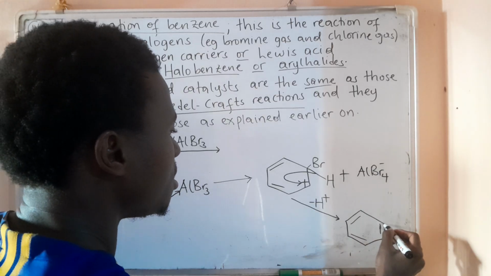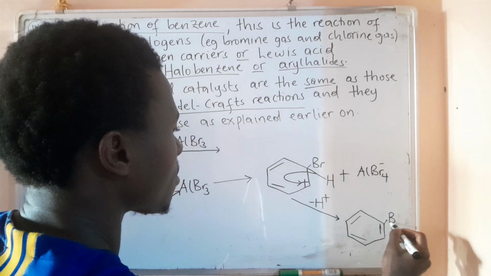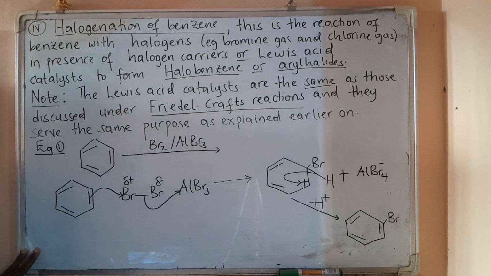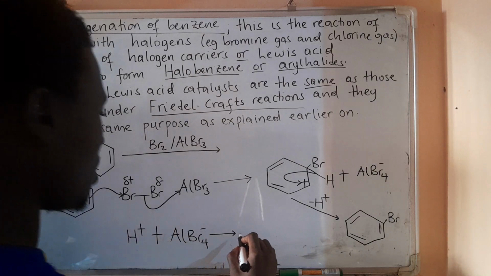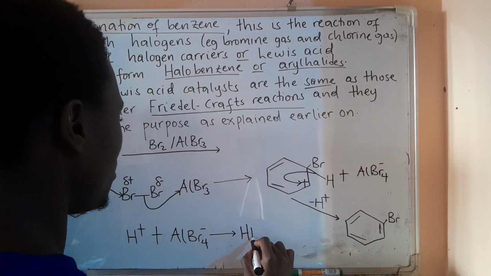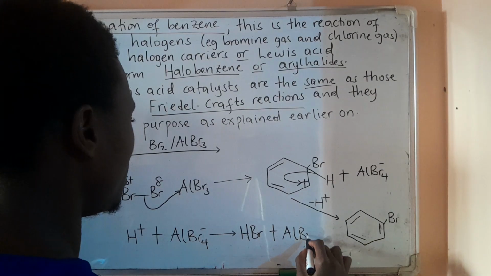Then the hydrogen ion plus AlBr4 minus, this donates electrons to the electron deficient hydrogen, so that will form hydrogen bromide plus aluminium bromide.